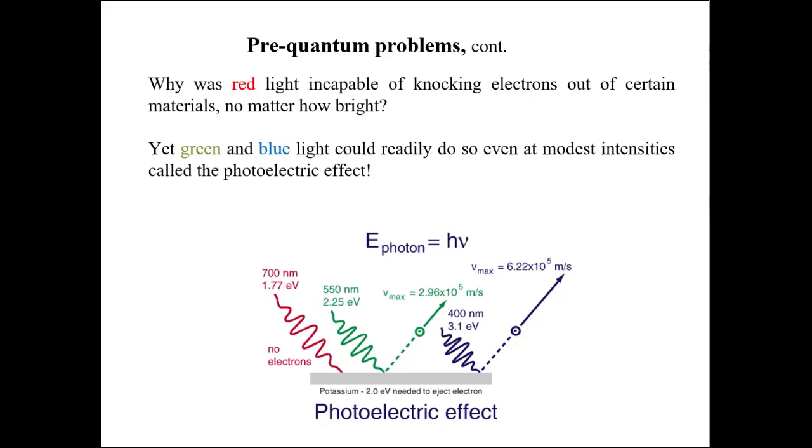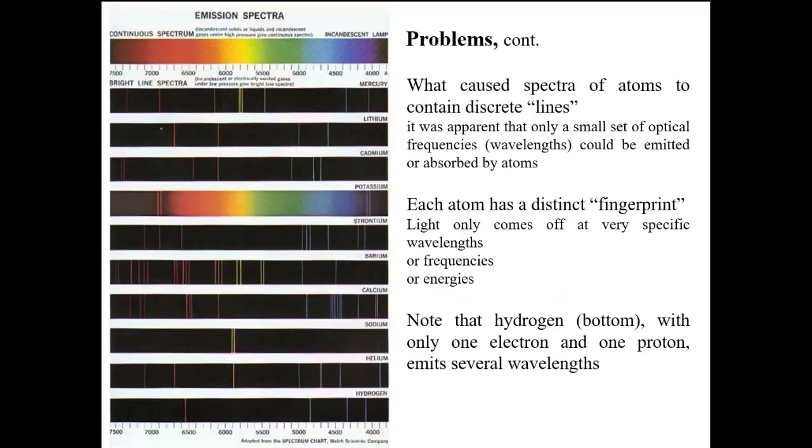Let us talk about one more crisis in classical mechanics, and it is the discrete spectra of atoms, which is the signature of each atom. Classically, the discreteness of atomic spectra is not possible, and this was another hit on classical mechanics. It is enough with the crises. Let us now talk about the beauty of quantum mechanics.